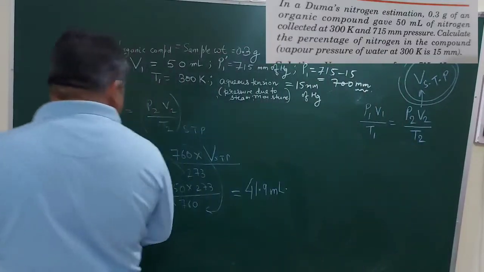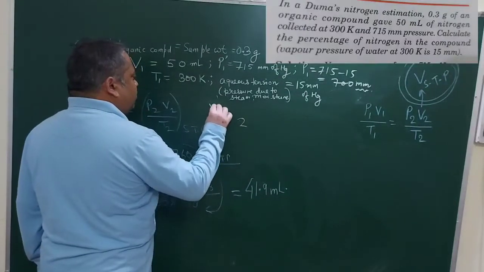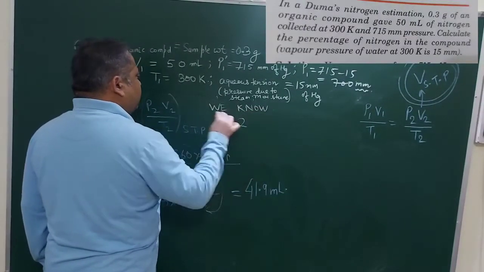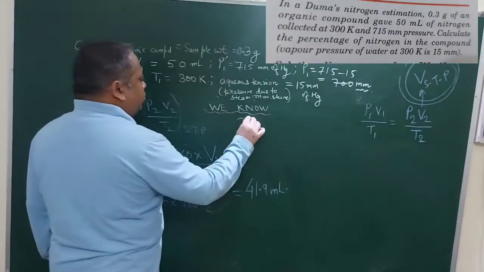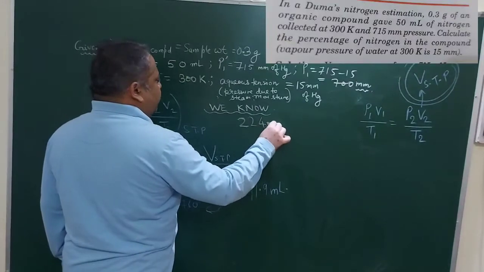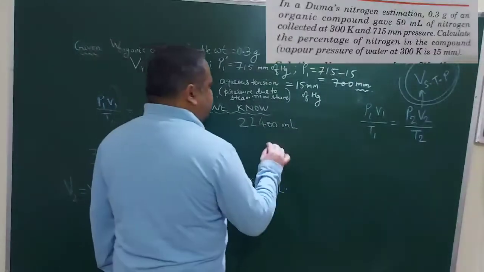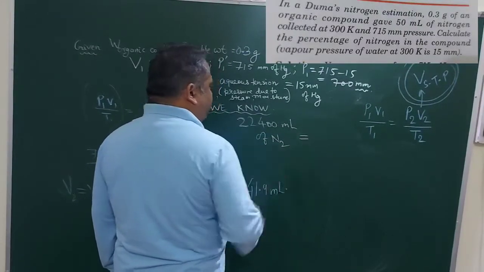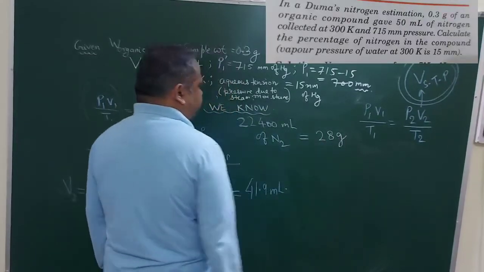Now from the mole concept we know that 22400 milliliter of any gas, here we are taking nitrogen, will be equal to 28 gram of nitrogen.